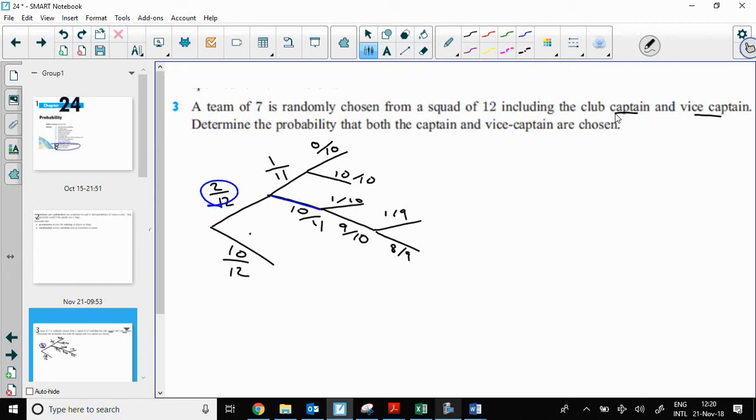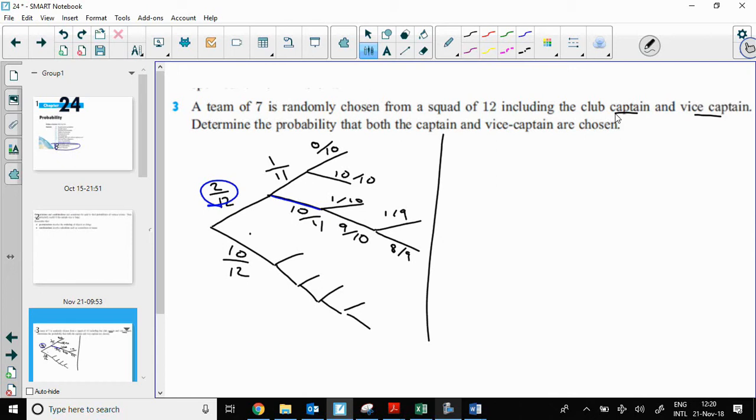You can see this tree is going to be really large for me to consider all of the possible branches where I could end up getting both the captain and the vice captain. Because of course my first 5 choices might even be not choosing them, and then I might choose them for the last 2. So this tree is going to be huge. I refuse. I'm not going to do it.